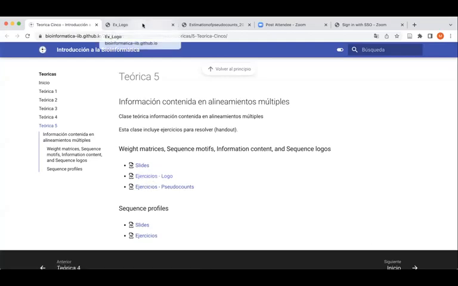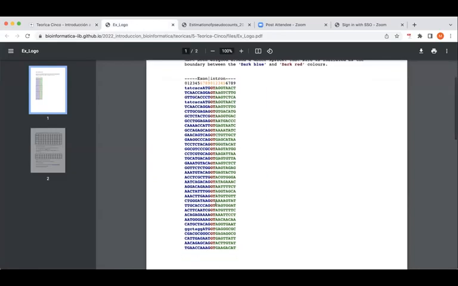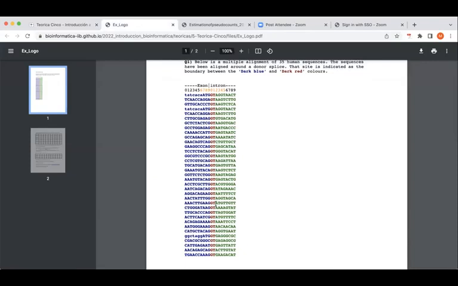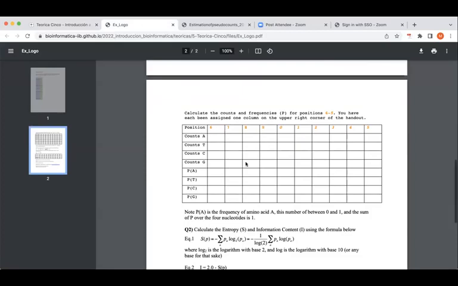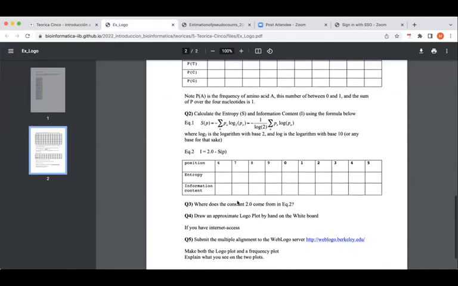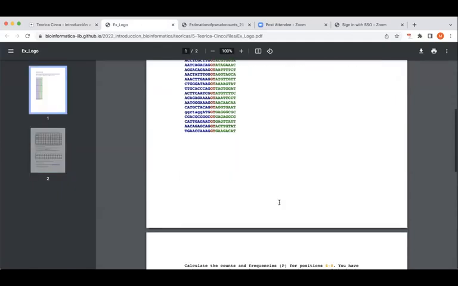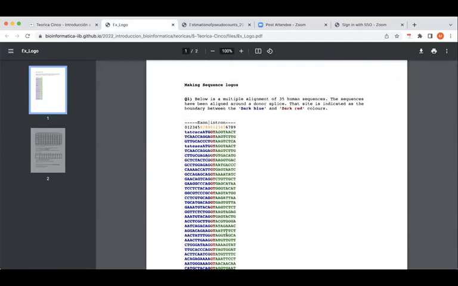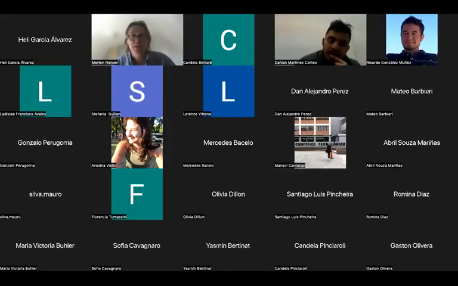If you open that link, you get to a page like this. Then your exercise is to go through this document, go through the questions, fill out this table, and then try to draw. We cannot have the whiteboard here, so we're just going to discuss this when we meet again in 10 minutes. But you don't have to do it for all the positions. I just want to go back and show you one example before we start.